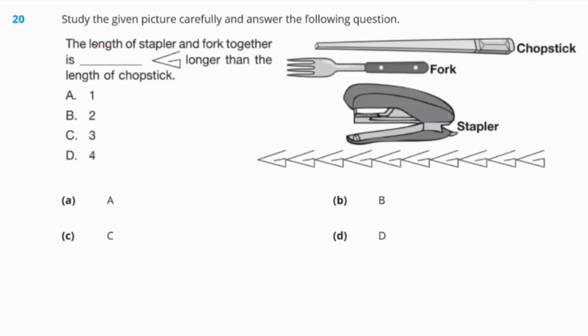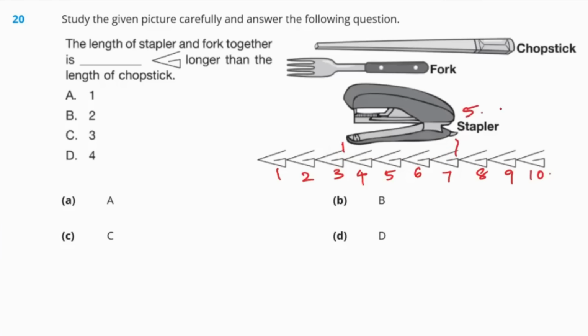Next, study the given picture carefully and answer the following questions. So here you can see the stapler pins, 1, 2, 3, 4, 5, 6, 7, 8, 9, 10, each showing the length. See, the stapler is 1, 2, 3, 4, 5.